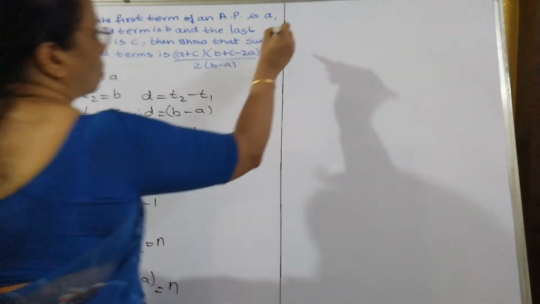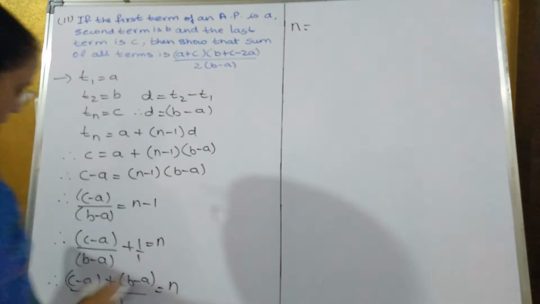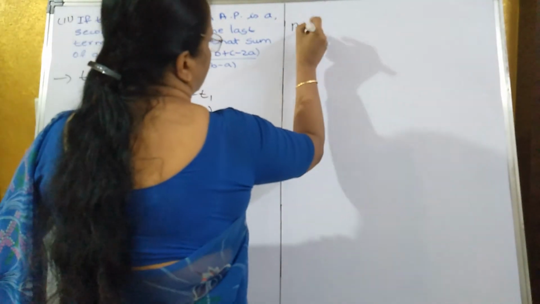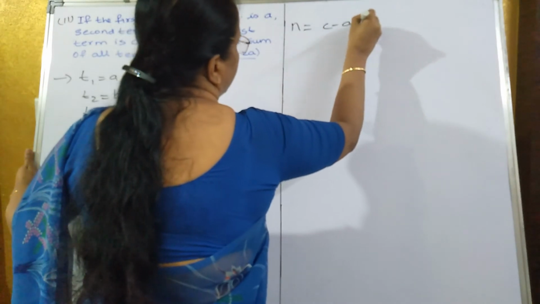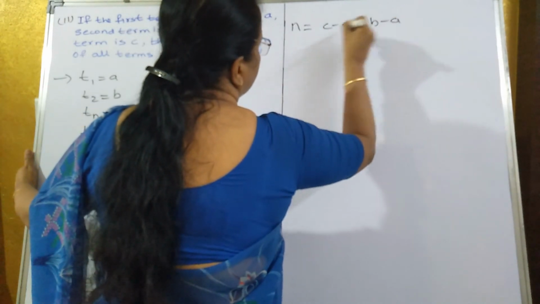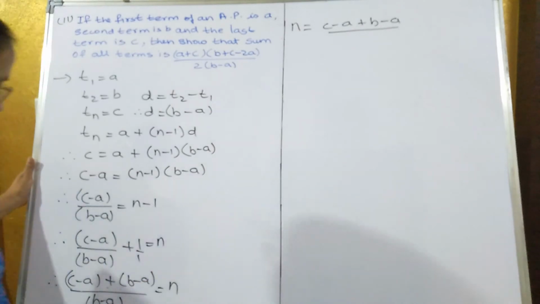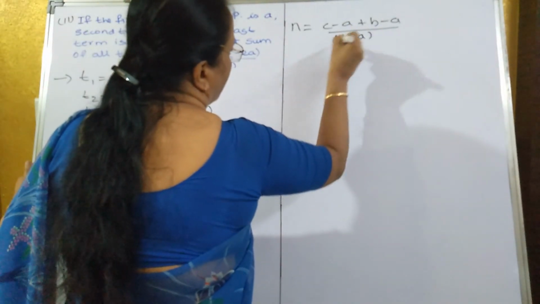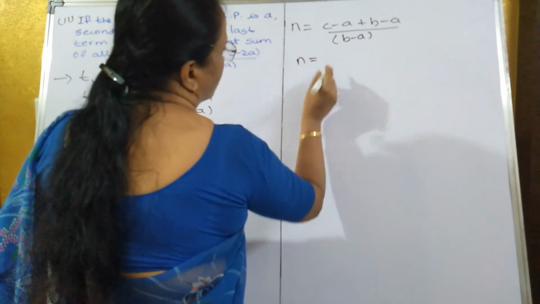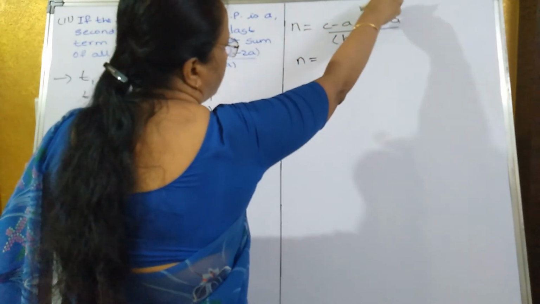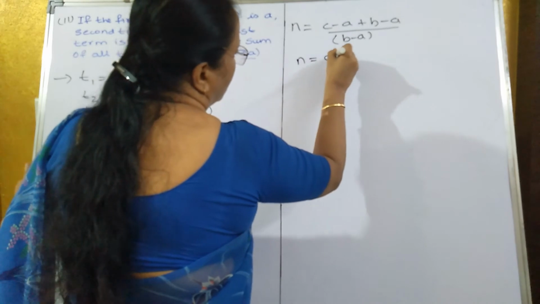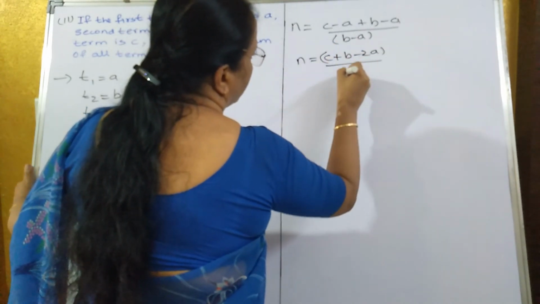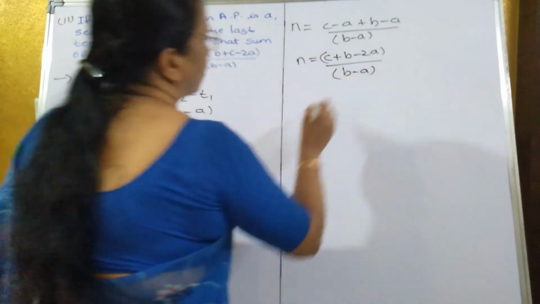N is equal to C minus A plus B minus A upon B minus A. So n is equal to C plus B, there are two A, minus A and minus A will become minus 2A upon B minus A. So now we have got the value of n.